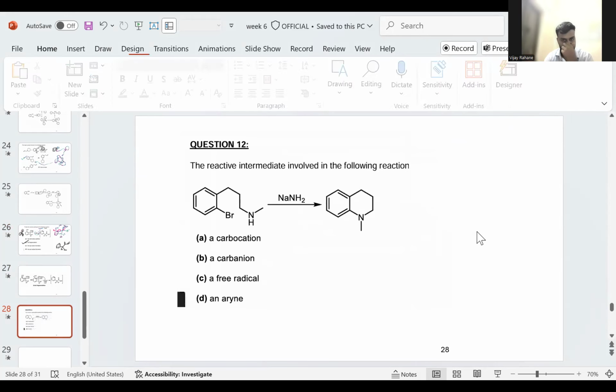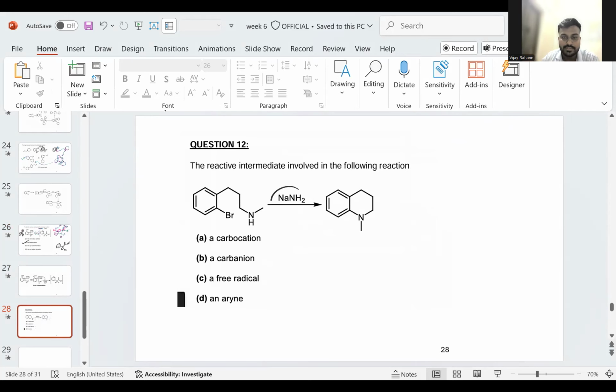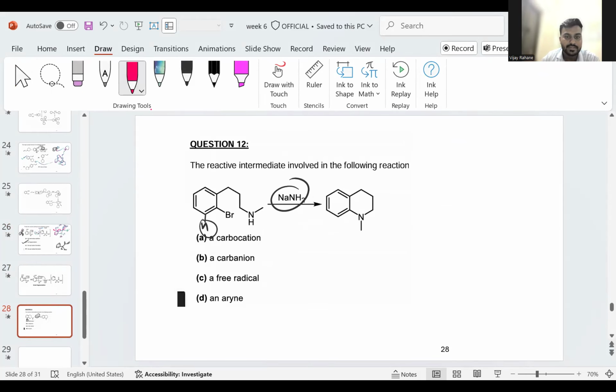Let's say now you have such a strong base, NaNH2, and we have these compounds. There is obviously the proton. So this proton is abstracted by the base, right? The base abstracts this proton, the bond goes here, and bromine gets eliminated. And now there is N which has this hydrogen.